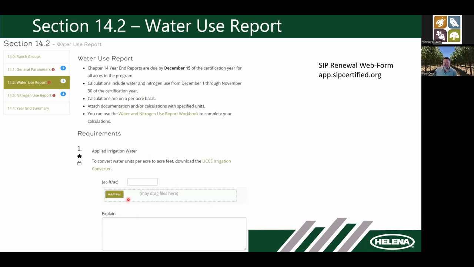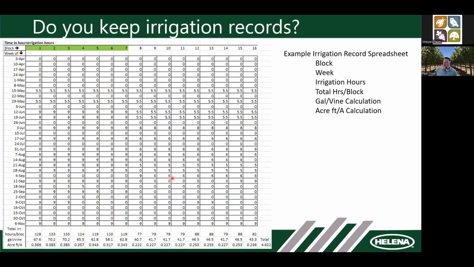You also need to have documentation. I will show some examples of documentation to quantify or prove that those numbers are valid. So here's an example of an irrigation record report. This is a personal one that I had built.